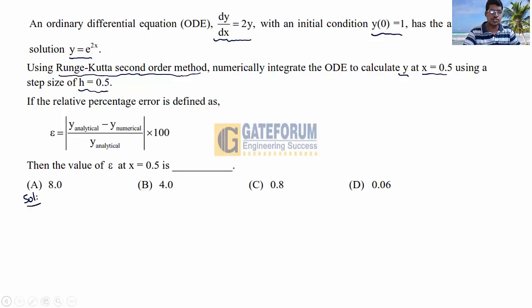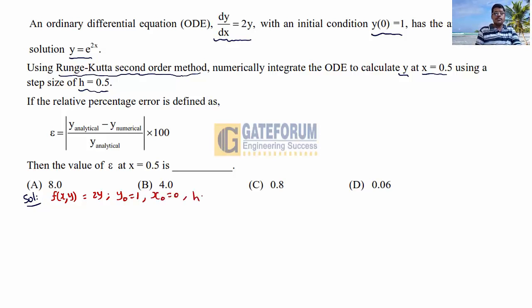So the solution, data from the data. What are the notations? F of x comma y is 2y, where x is absent. Y naught value 1, x naught value 0.